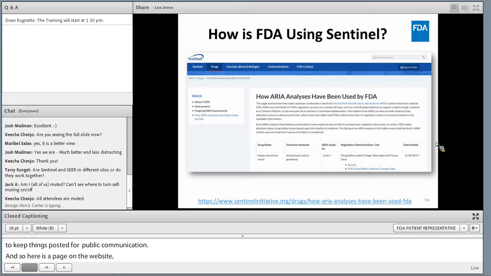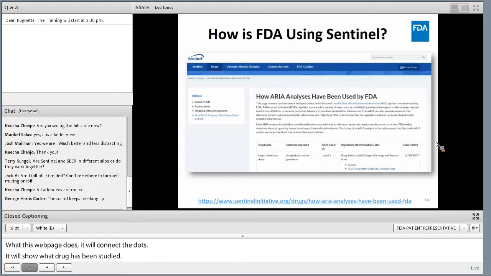This webpage shows what drug has been studied, what problem we looked at, and what we did with that information that we analyzed. And this is all public, and we include links to the regulatory determinations or uses for these studies. And we're very proud of this work to enhance our communication and transparency with the public.